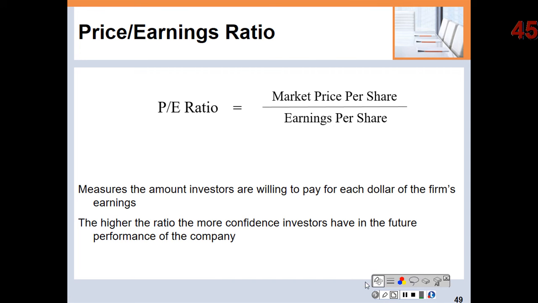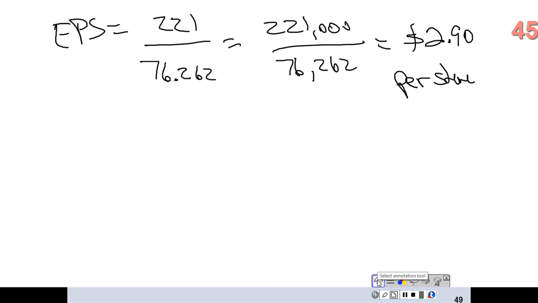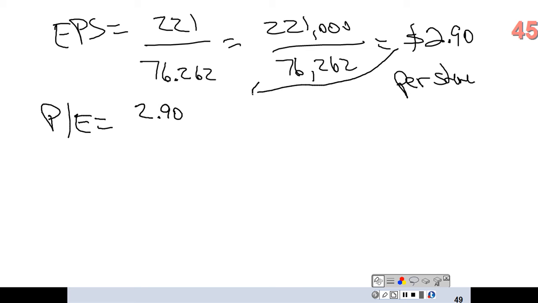So if we want to put the PE ratio here, it's going to be the price per share, which is $32.25, the market price.